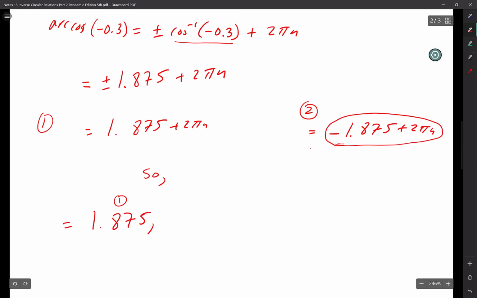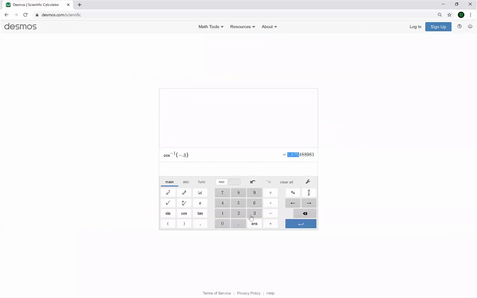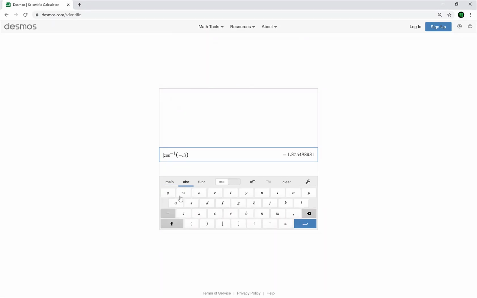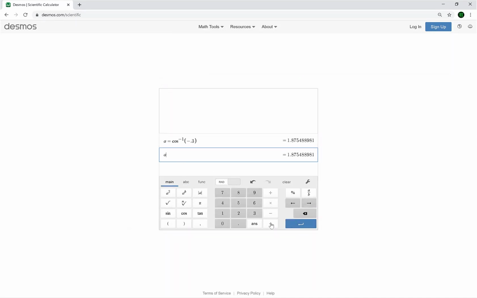Here is my Desmos, and I'm going to take this 1.875 and add 2 pi to it. Oh, I guess I can't do it like that. I'm going to call that A. A equals 1.875. There we go. And I'm just going to go A plus 2 pi. And there it is, 8.158.